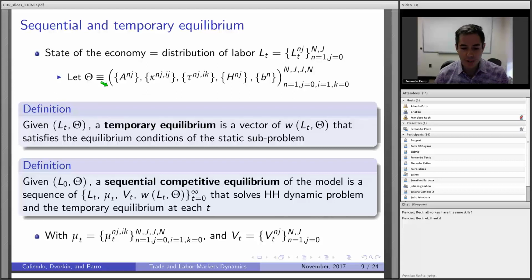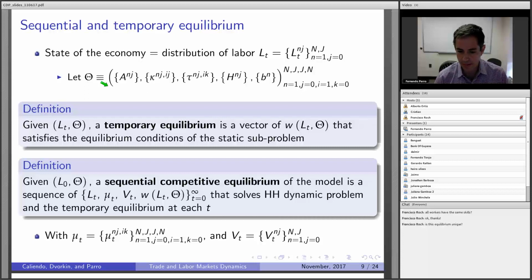And given the initial distribution of employment, and given the set of fundamentals, a sequential competitive equilibrium of the model is a sequence of employment, a sequence of migration flows, a sequence of values, and a sequence of wages that solve the household dynamic problem, as I first showed to you, and the firm's problem.